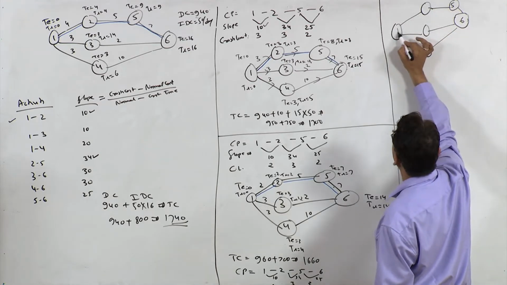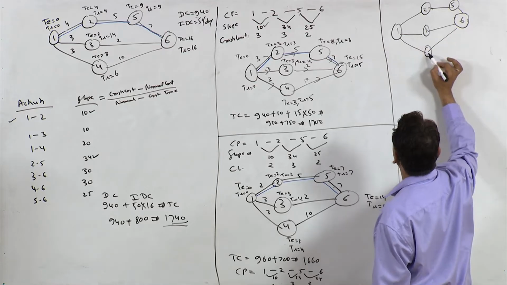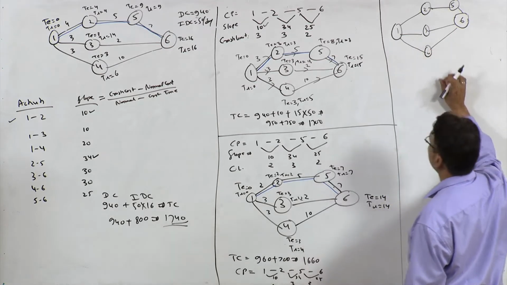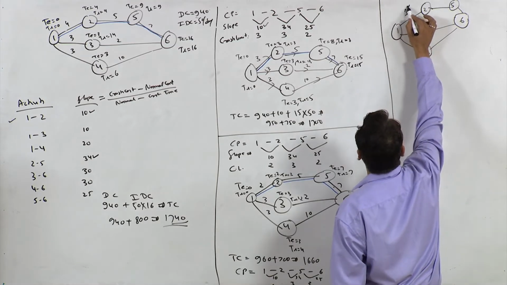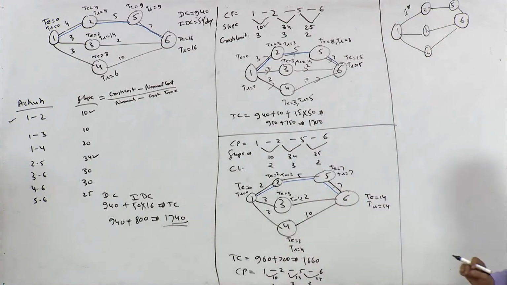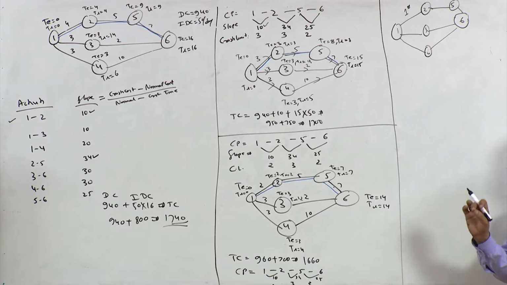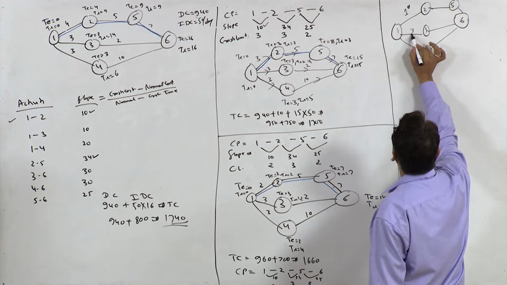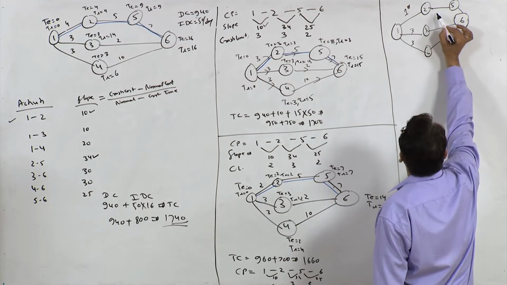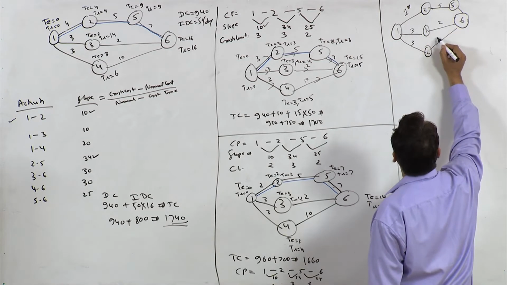Okay, so this is 1, 2, 3, 4. Now this duration is 1, and 1 is starred. Star means you cannot further reduce its duration. So this is 3, 3, 5, 2 and 10.